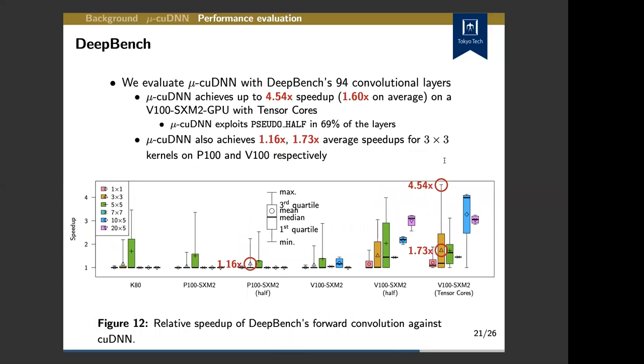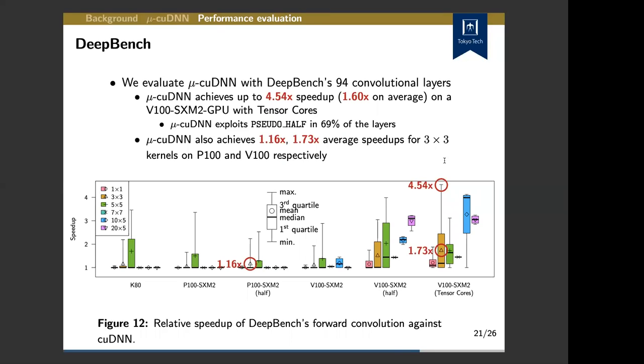Then I evaluate the performance of microcuDNN on DeepBench. DeepBench is a benchmark including various types and various shapes of different layer types that appear in deep neural networks, and it includes about 100 convolutional layers.